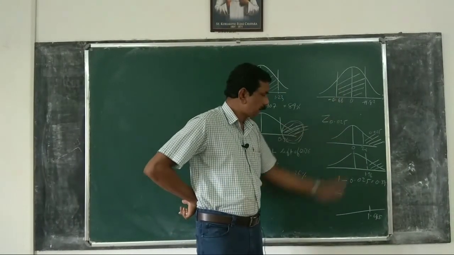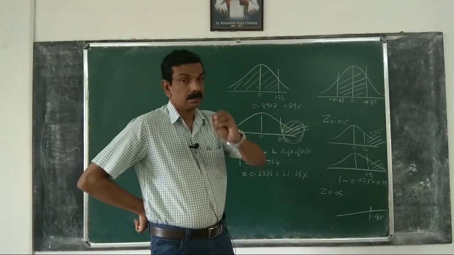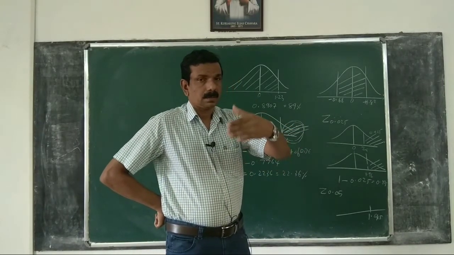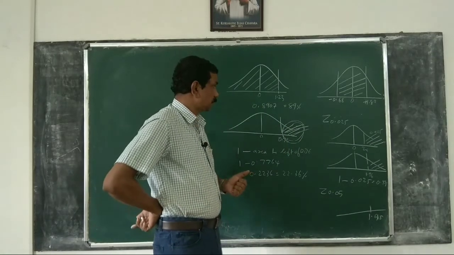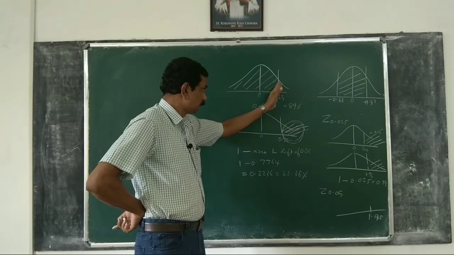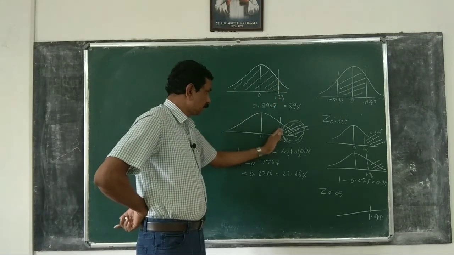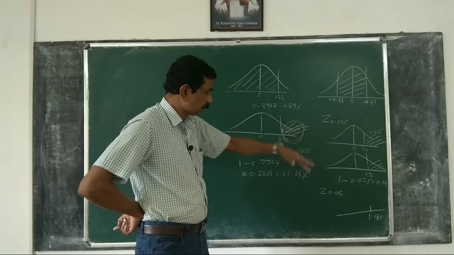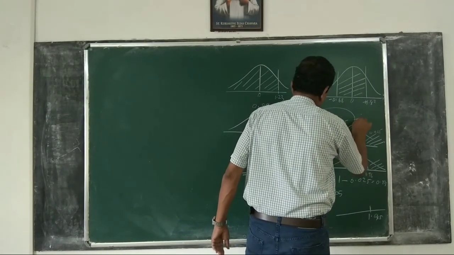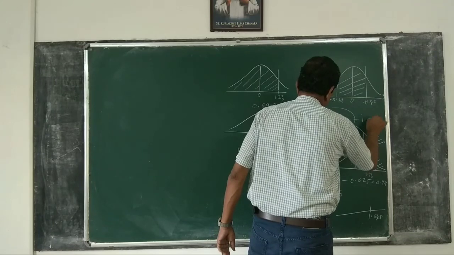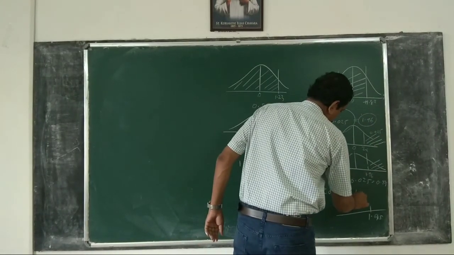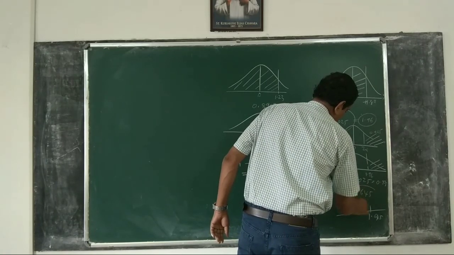So this is how we calculate Z scores, Z values, using the table of standard normal distribution. You can calculate any value to the left, to the right, between any two values. Also you can calculate the Z score. Say Z 0.025 is 1.96 as an example, Z 0.05 is 1.645 as an example, like this.